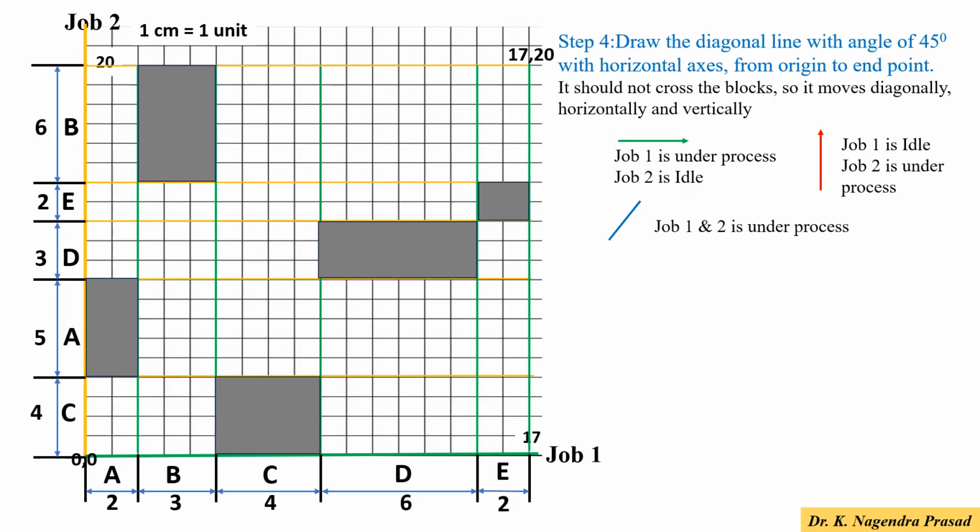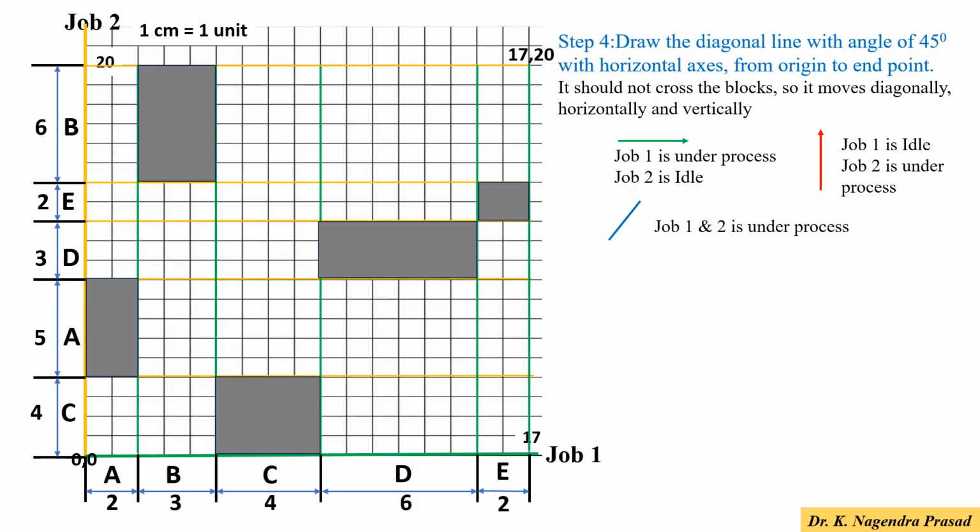If the line is in the horizontal position, it represents job 1 is under process and job 2 is idle. Similarly, if the line is in the vertical position, it represents job 1 is idle and job 2 is under process.